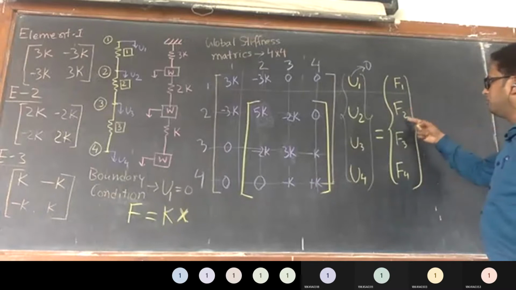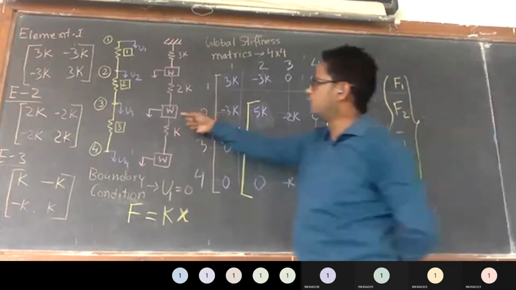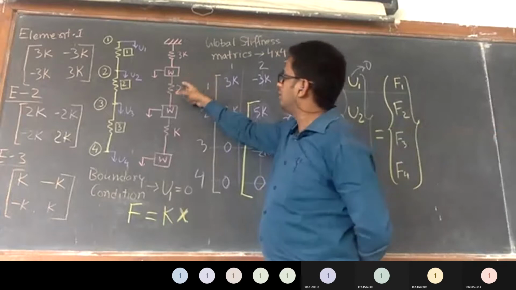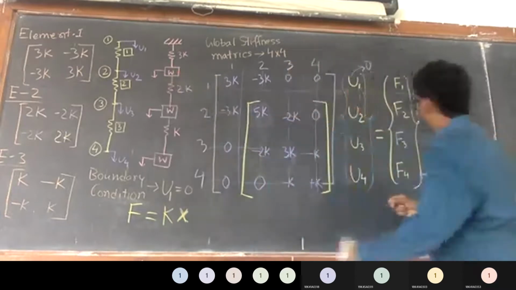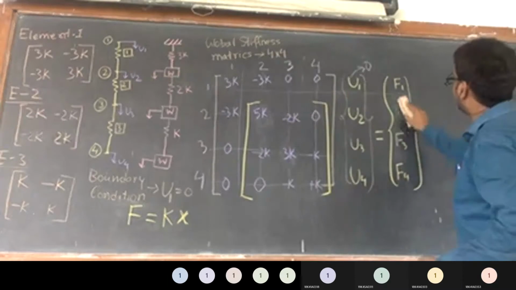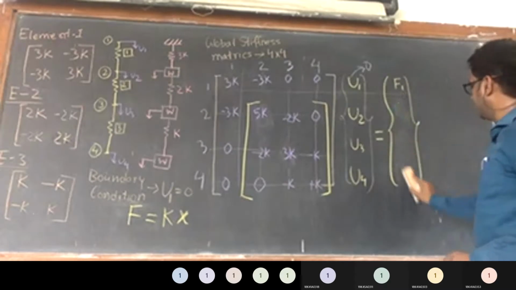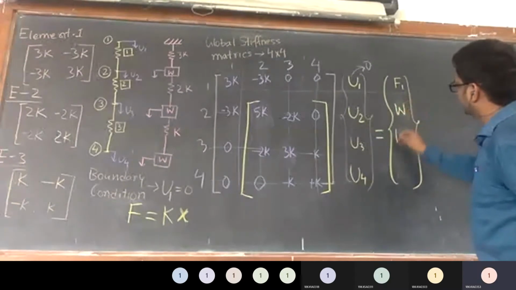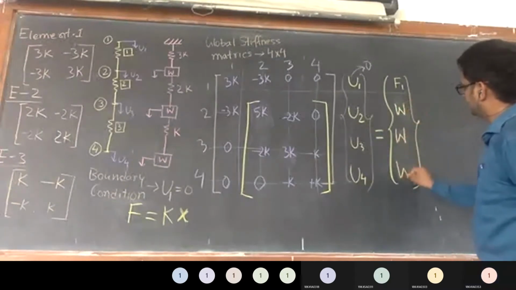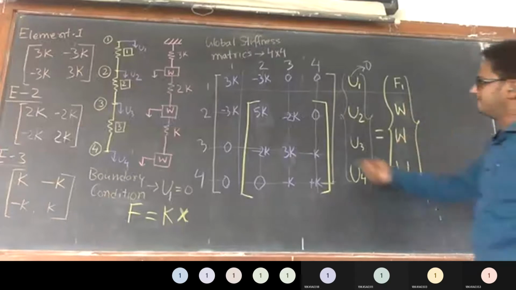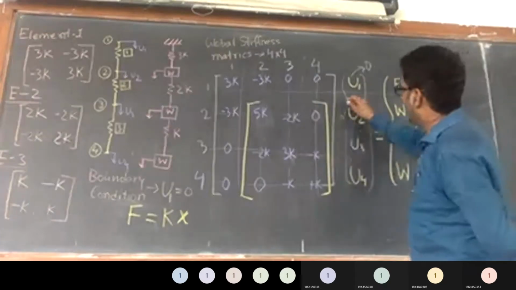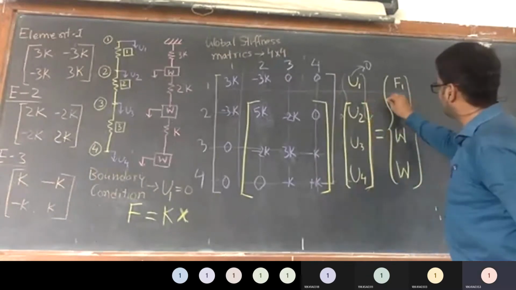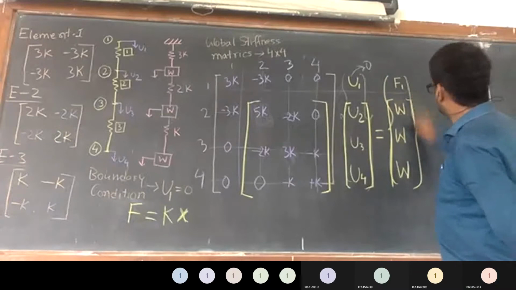Now, what will be the value of F2, F3, F4? Load value. Load is W, the weight of that object, that is force W. So here in place of F2, F3 and F4, we can write W. Now you have a 3 cross 3 matrix, and this U you can consider from here, and in W also you can consider the last three.